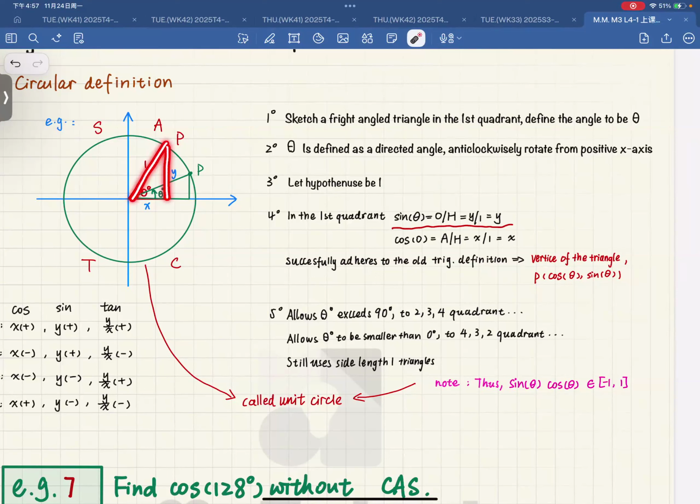Opposite is the y coordinate. For example, point P, that's y, that's x. So opposite over hypotenuse is equal to y over 1, which is y. And cosine theta is equal to adjacent over hypotenuse. Adjacent is your x value, so cosine theta is about x.